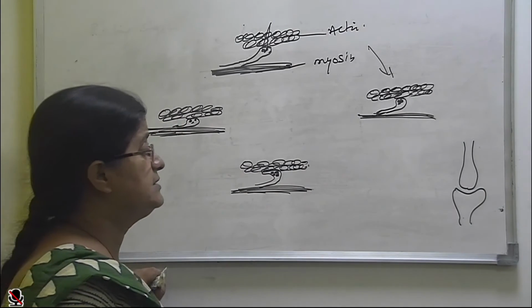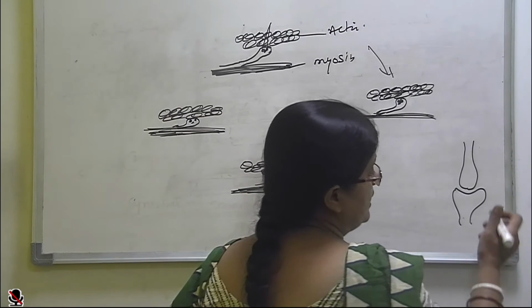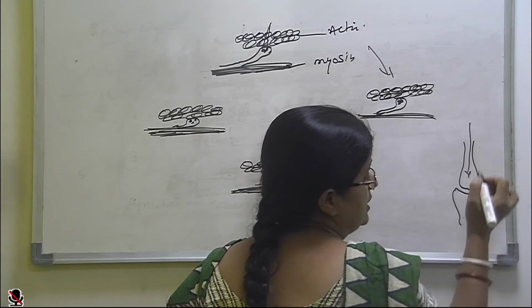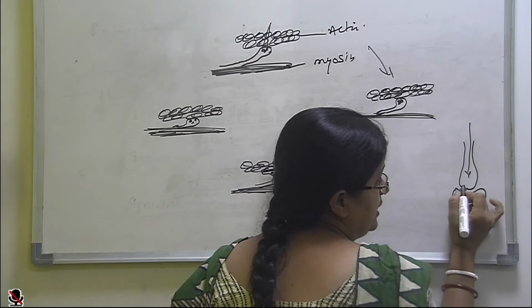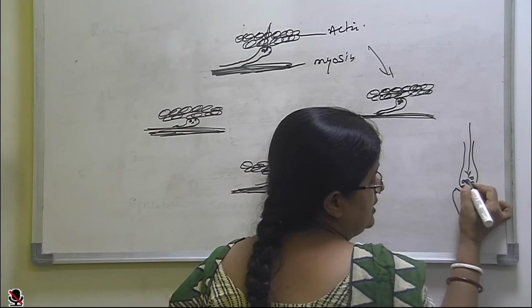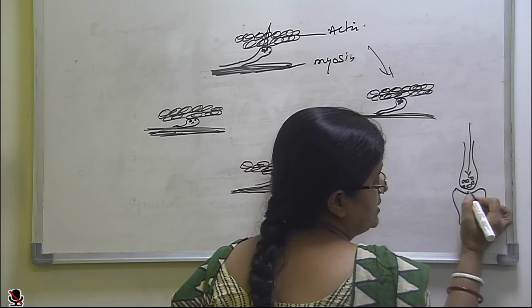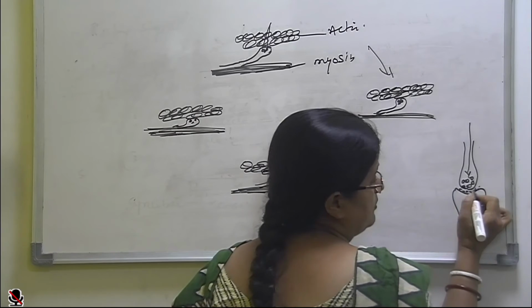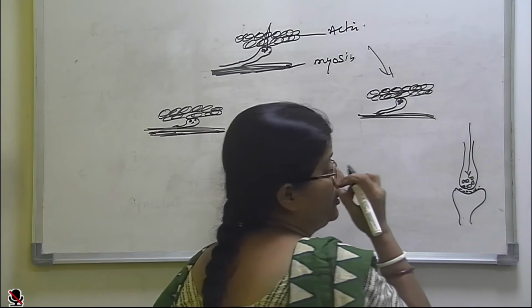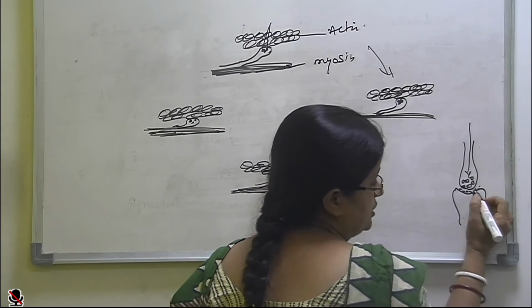When the impulse comes through this nerve axon, there are some vesicles which release acetylcholine in this gap, that is the synapse or the myoneural junction, right?